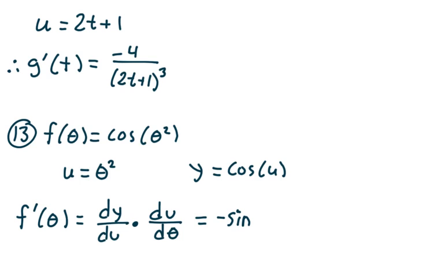So if you don't mind, I didn't write down explicitly what dy/du was just yet, so I'm going to do it here. dy/du is negative sine u. du/d theta is equal to 2 theta. But remember that u is equal to theta squared.